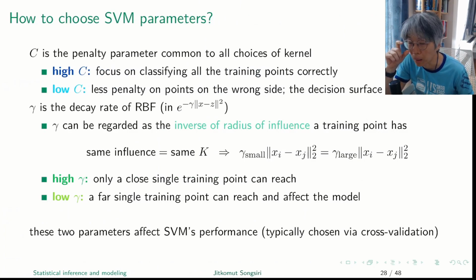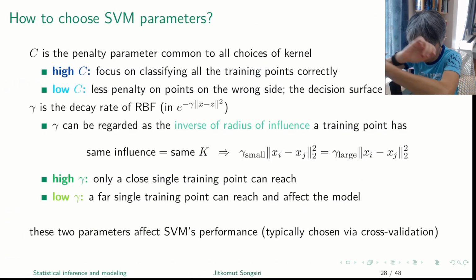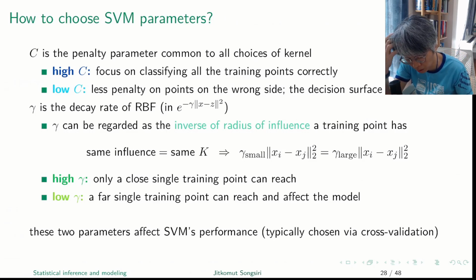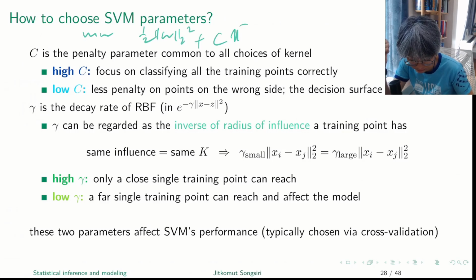So in order for you to tune these parameters correctly, let me sum up the properties of these parameters. In nonlinear SVM, you have C and gamma. C is a penalty parameter that appears in the cost objective. Remember that this Z is a slack variable.